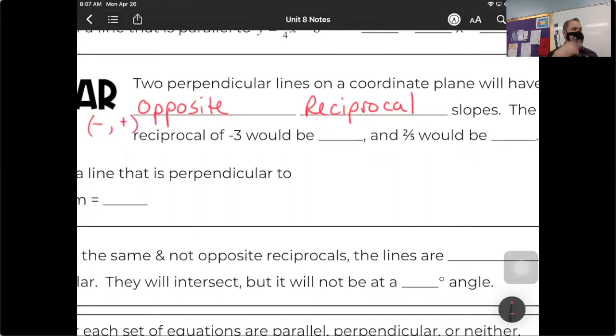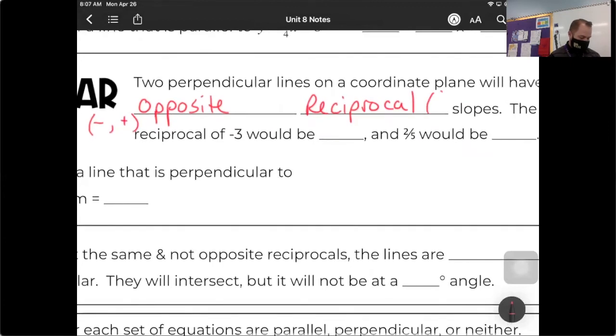We've been writing slopes as fractions, right? Reciprocals are flipped fractions of each other. So it would be like A over B compared to B over A. Reciprocals of each other. So what would the reciprocal of 2/3 be? 3 over 2. What would the reciprocal of 5/4 be? 4 over 5.